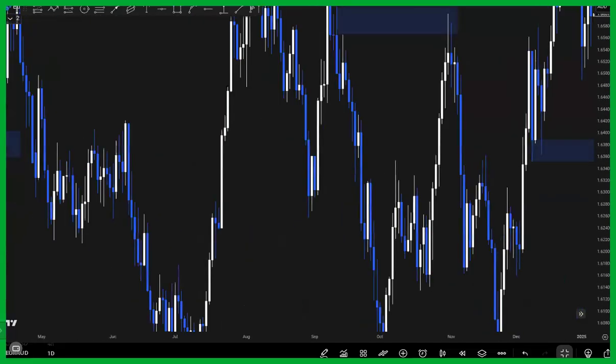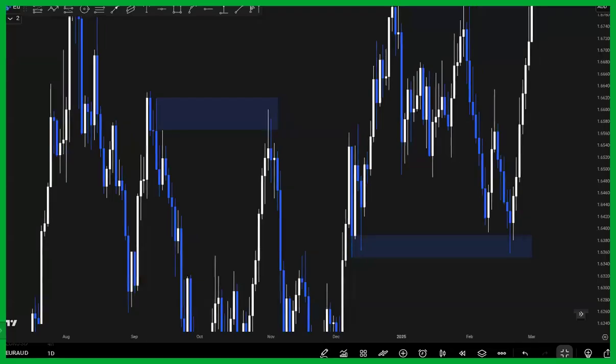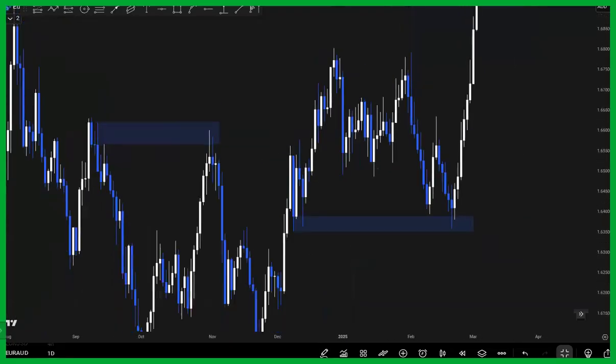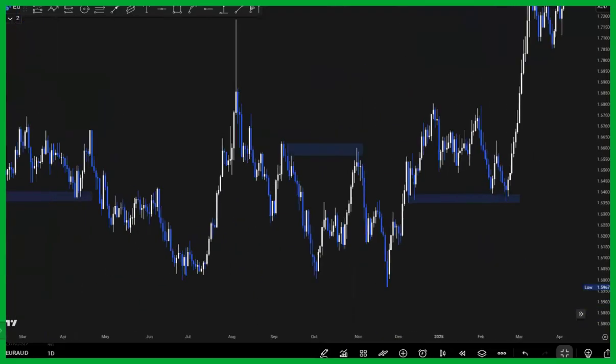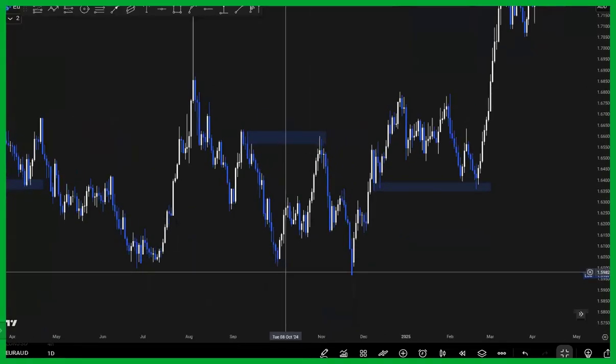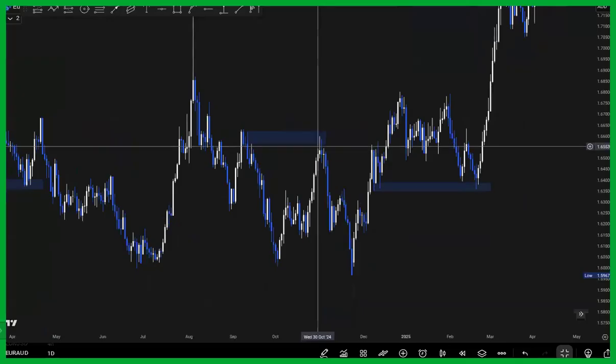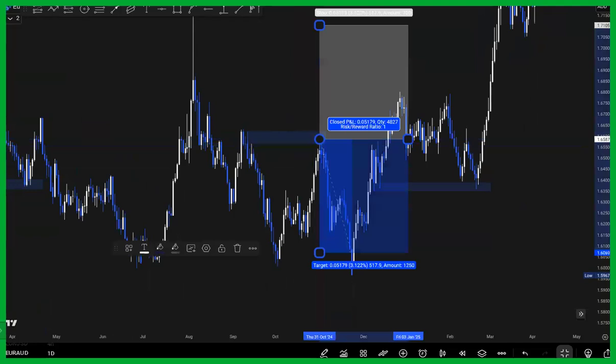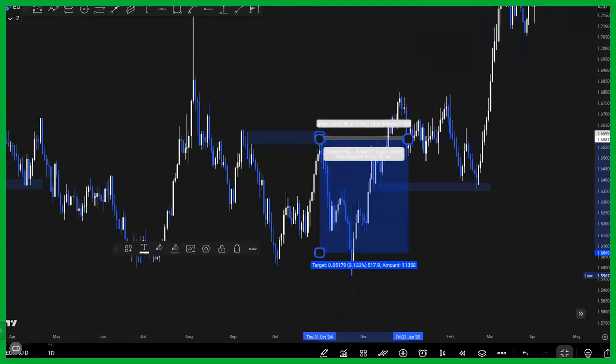So this is basically how you can identify rejection blocks in the market. As you can see, all the ones that are identified are the ones that price actually reacted from, and they actually pushed price to its destination, like this one. If I was going to take this trade, place my entry here, stop loss resting above.